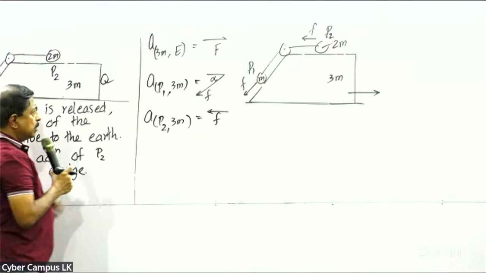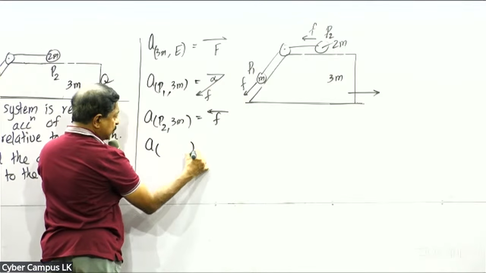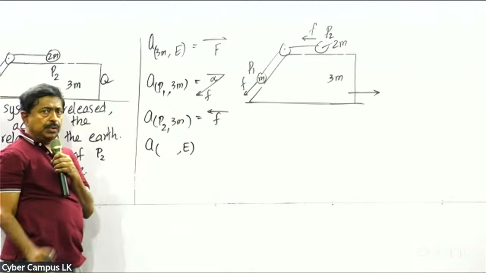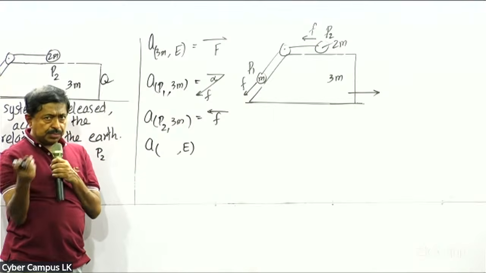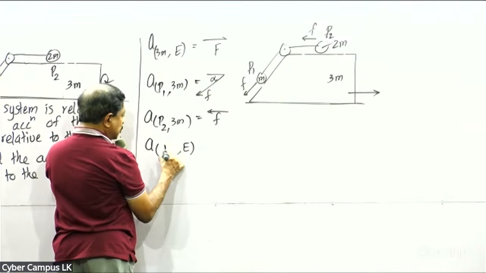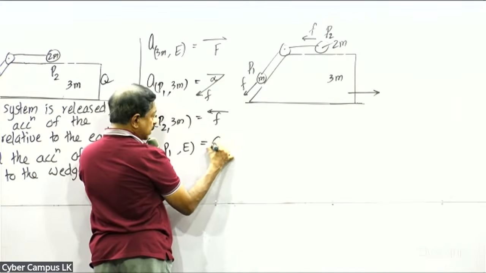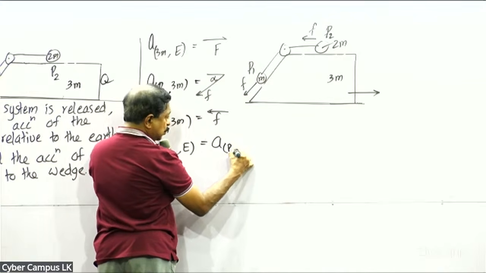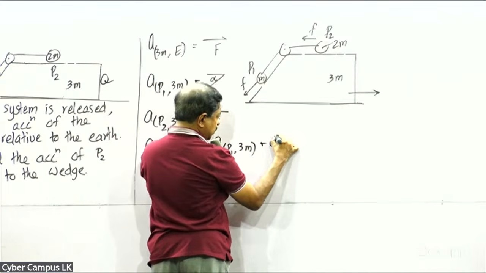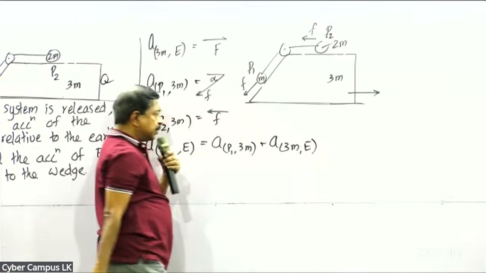Now we'll go ahead with the other two. Because to apply Newton's law, you need the acceleration of a particle relative to the Earth. Now we'll go for P1. These are not directly connected, therefore you have to write it via 3m, according to the vector notation.